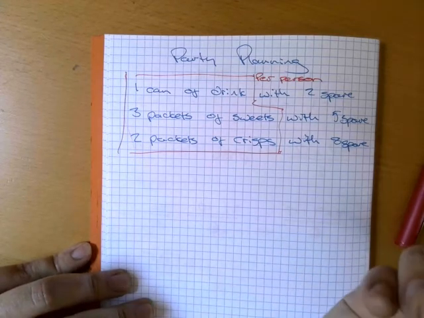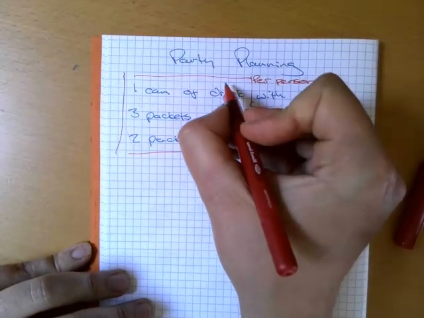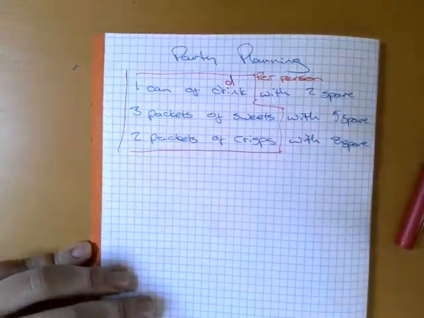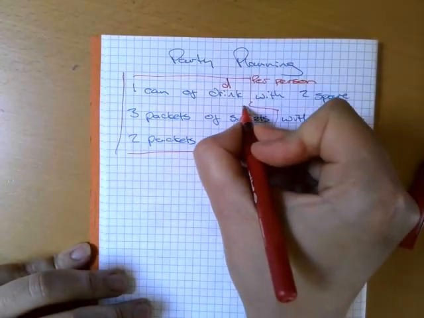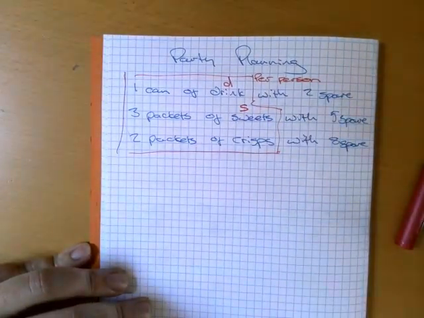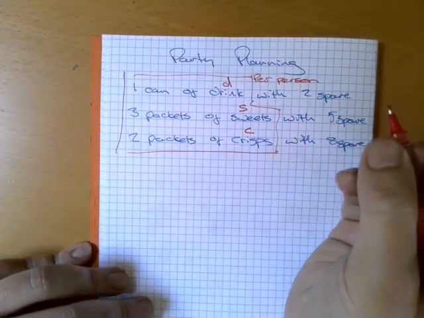Now the first thing I'm going to say, instead of cans of drink, I'm going to call that D for drinks. Instead of packets of sweets, I'm going to call that S for sweets. And instead of packets of crisps, I'm going to call that C for crisps.